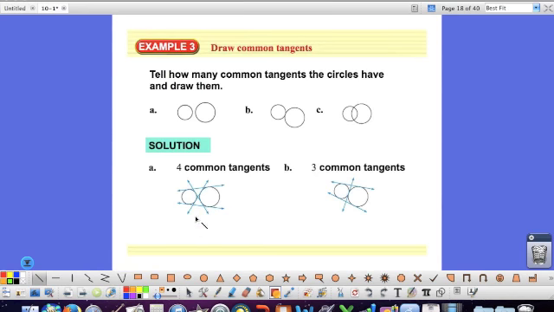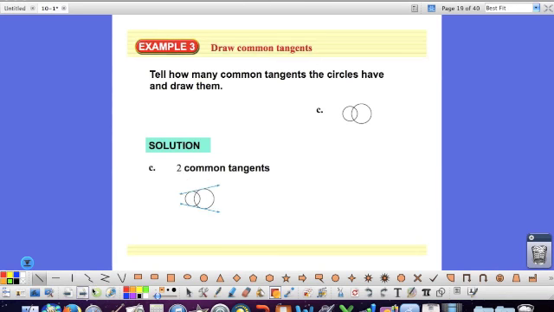And now they ask us to draw common tangents, which I kind of just did, the 4 common tangents. This one would have a common tangent there, there, there, okay, and show there are 2 common tangents there, across there, and there.